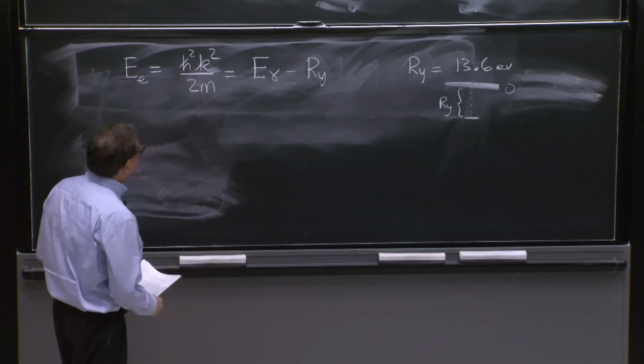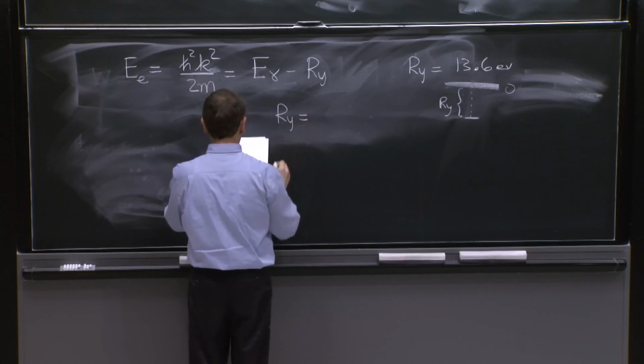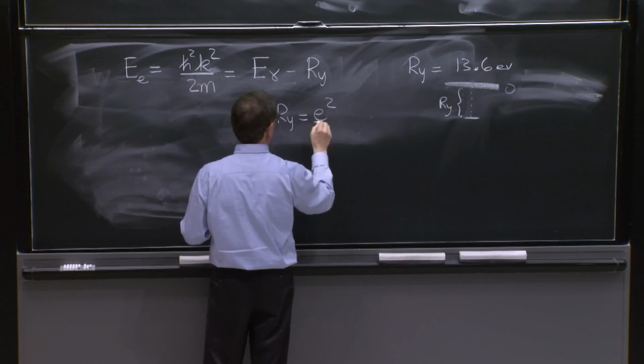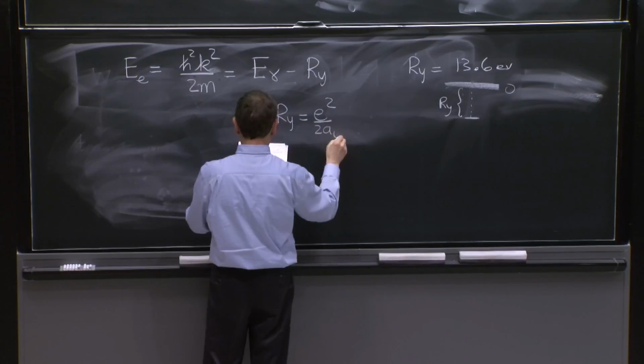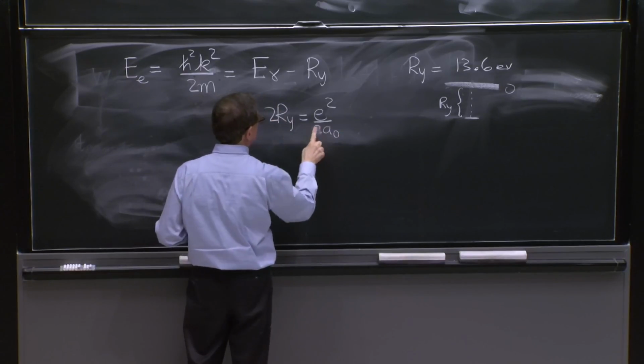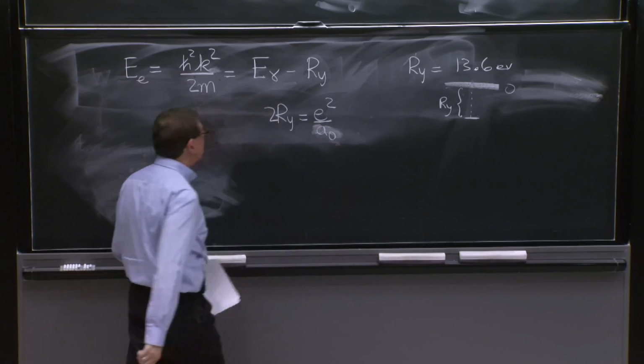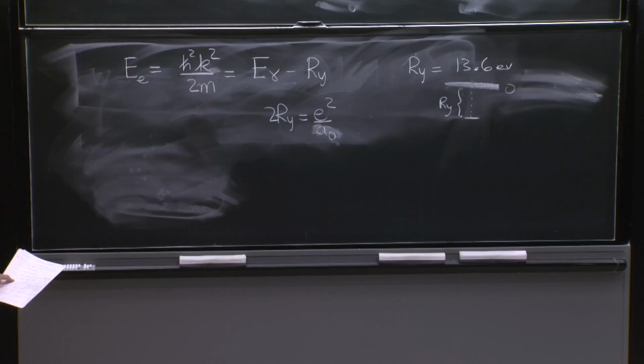The Rydberg is e squared over 2a0, or 2 times the Rydberg is e squared over a0. That's what we've calculated.